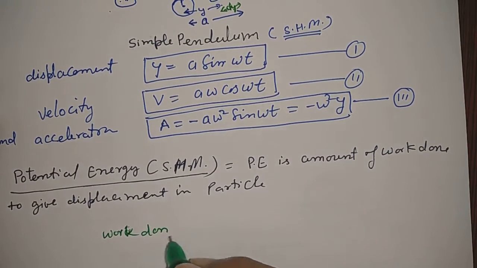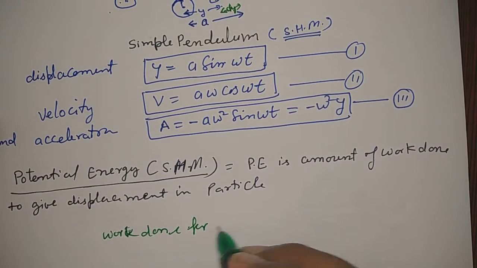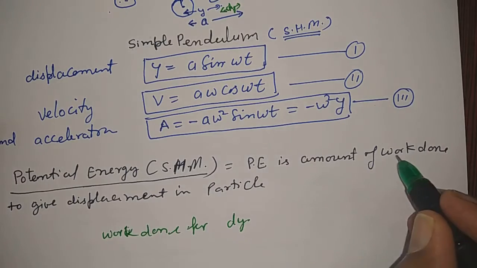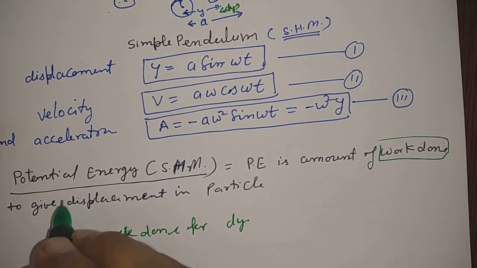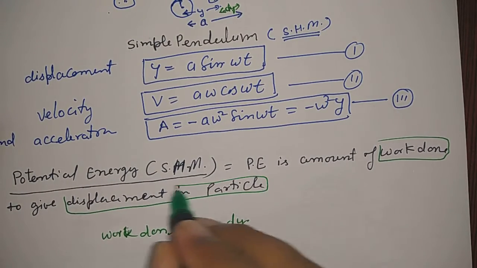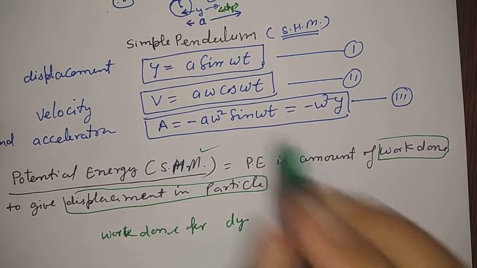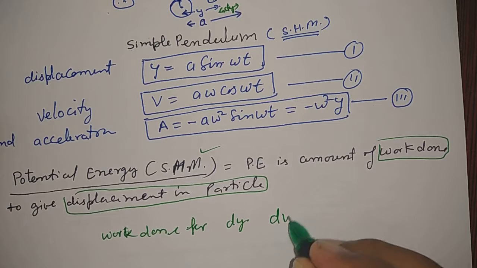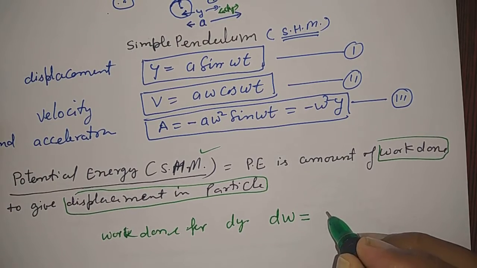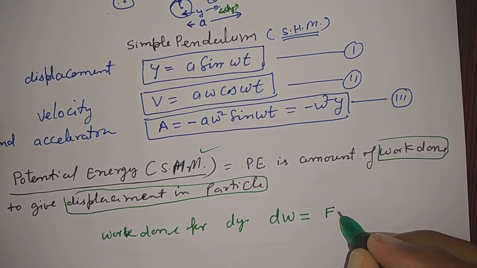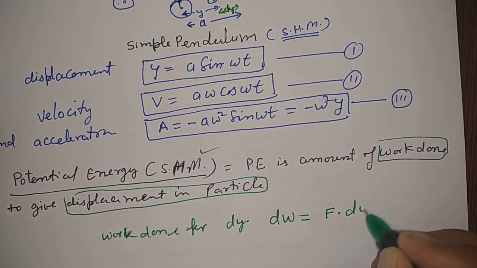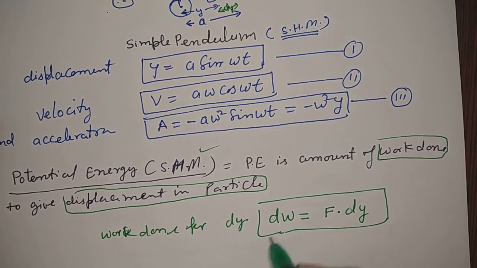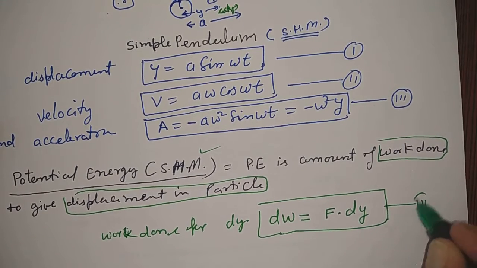Because potential energy is the amount of work done to provide displacement in the particle during simple harmonic motion. So this work done is given by dW, equal to force into this displacement dy. This is equation number 4.